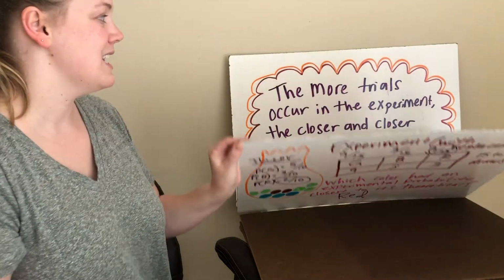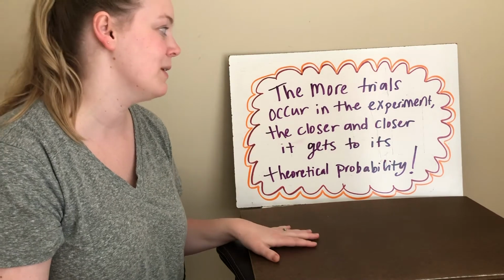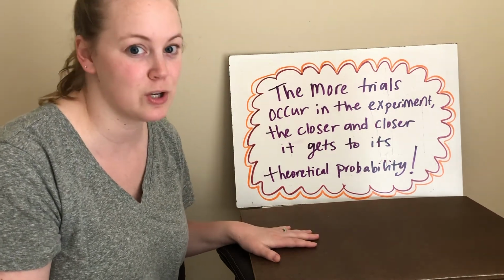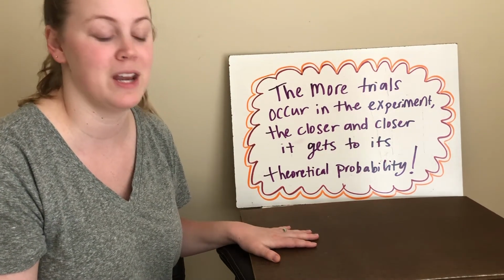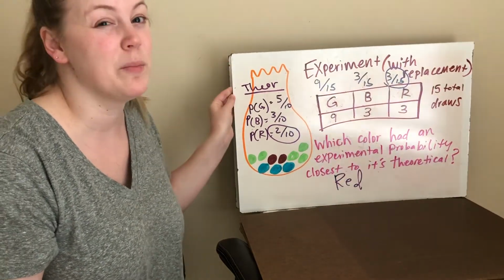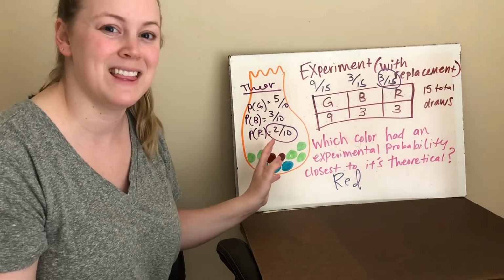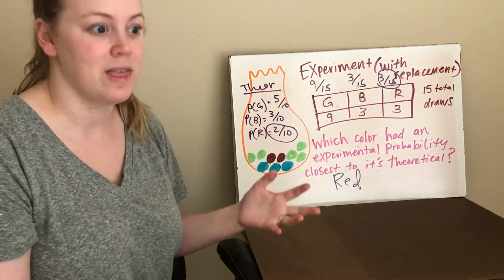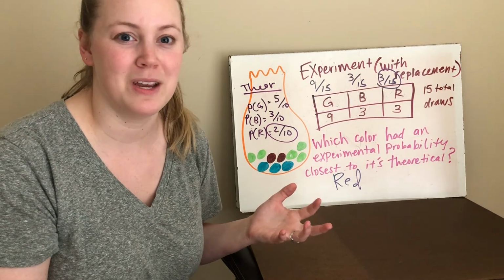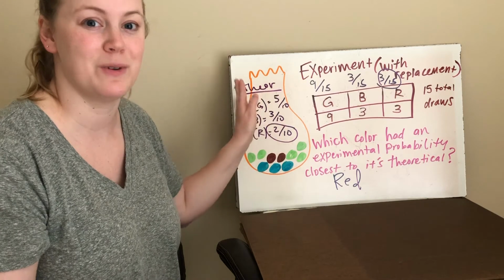One last thing to keep in mind, the more trials that occur in the experiment, the closer and closer you become to the theoretical probability. So here, when I did 15 trials, that probably was not enough to accurately represent what's in the bag. If I did 1,000 or especially 1,000,000 trials, I would get even closer to representing what's in the bag.